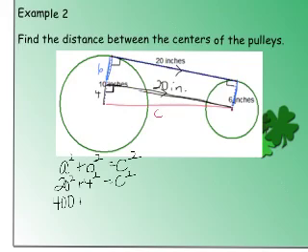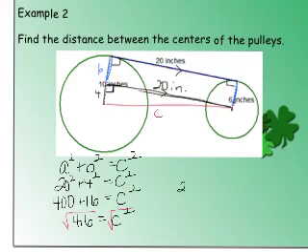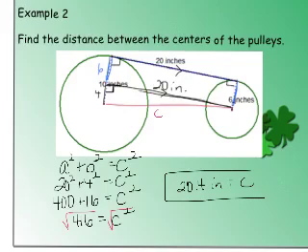So 400 plus 16 equals c squared, or 416 equals c squared. Now to get c all by itself, I need to get rid of that squared, so I'm going to square root both sides, and I'm left with approximately 20.4 inches for the distance between those two pulleys.